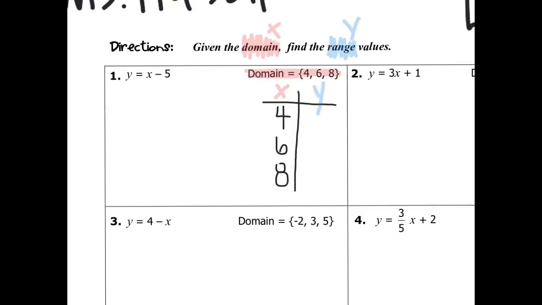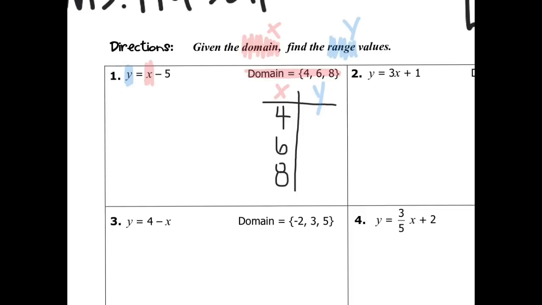What that means is I know 3 different coordinate pairs. One of them has a 4 where the x is, one of them has a 6 where the x is, and one of them has an 8 where the x is. What my job is then is to figure out when the x is 4, what does that make my y, or my range value, also known as my output.